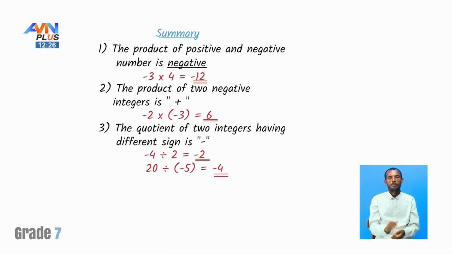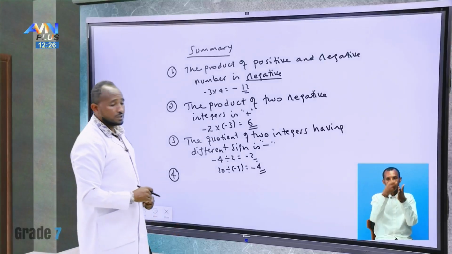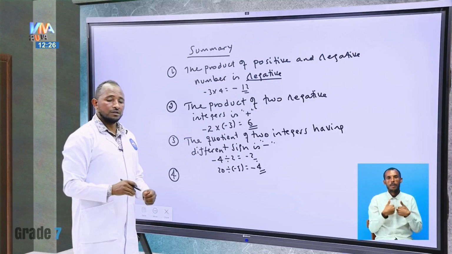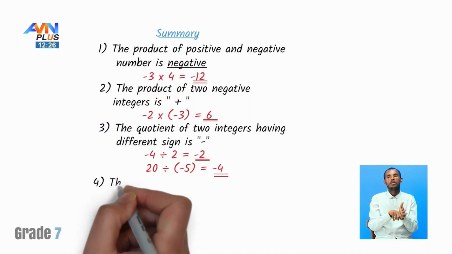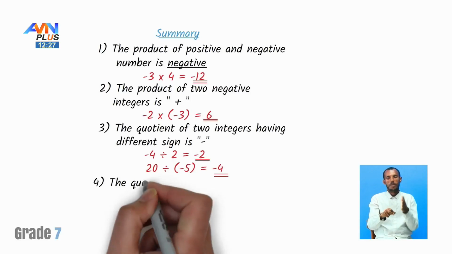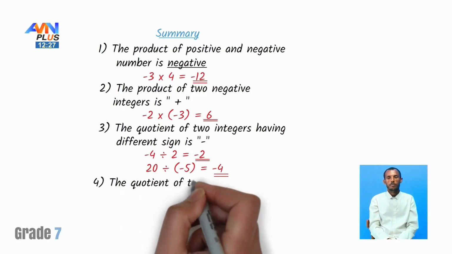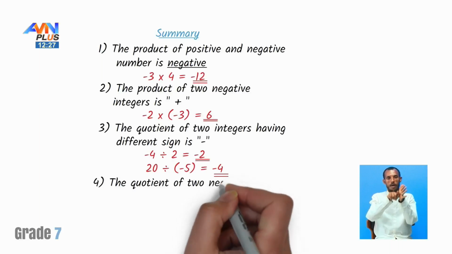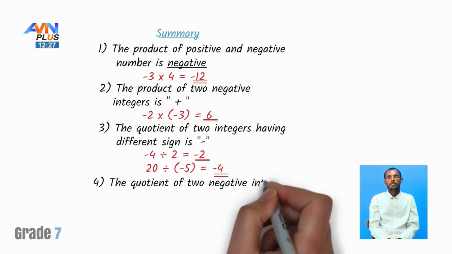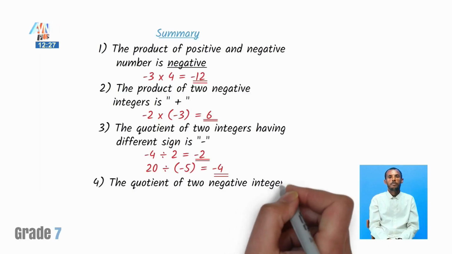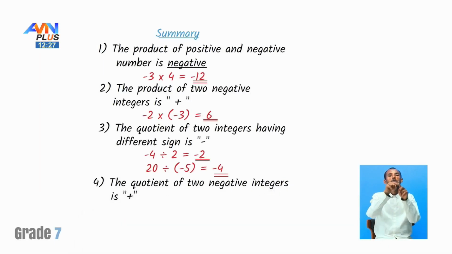And finally, we have seen also the quotient of two integers having same sign, or two negative integers, I mean. The quotient of two negative integers is positive.